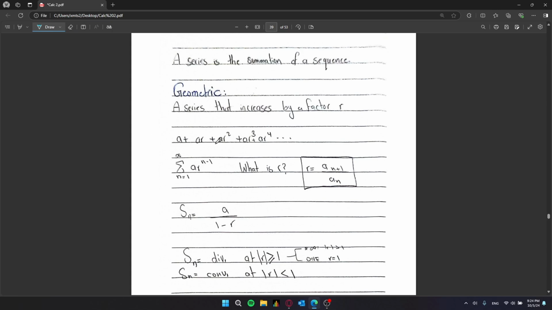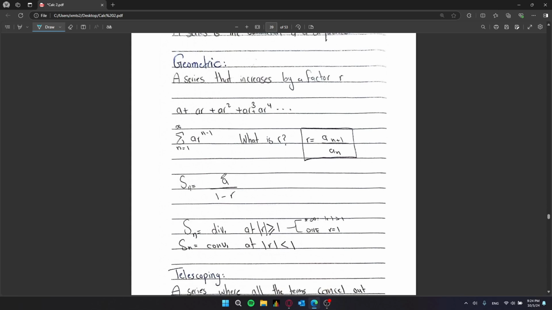Now, with the divergence or convergence of a geometric series, you can express the sum as a divided by 1 minus r. This value will converge if the absolute value of r is less than 1, and it will diverge if the absolute value is 1 or greater than 1.